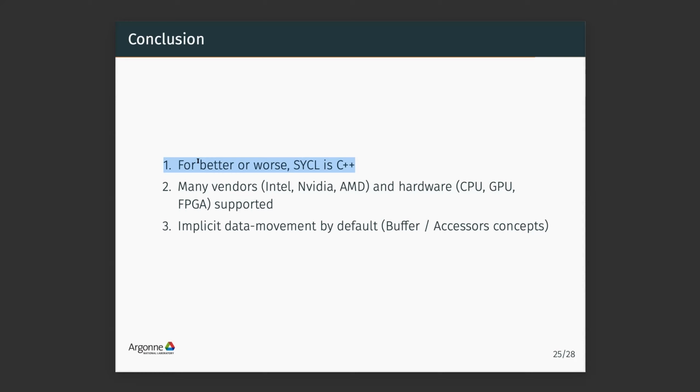So moving in the standard takes a long time, whereas SYCL can iterate really quickly. And because SYCL is not old, how can I say, adolescent or something like that, they have a lot of energy to change.